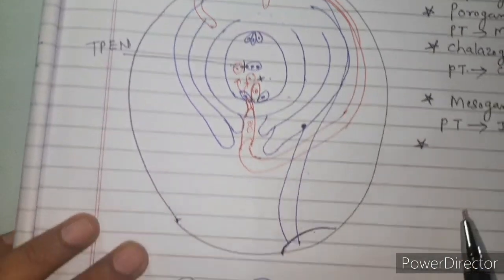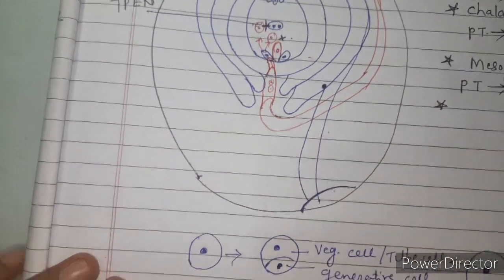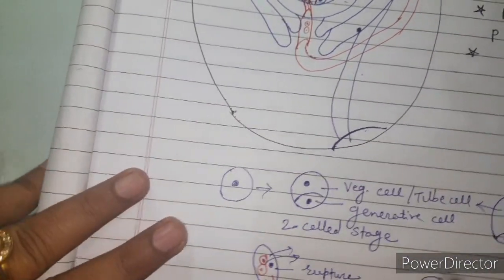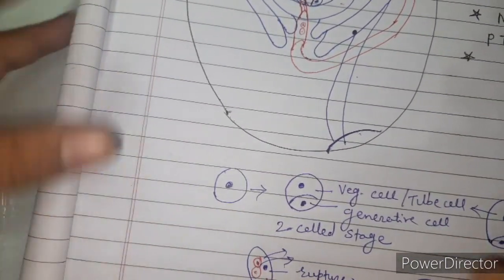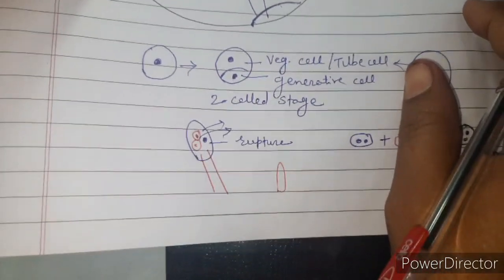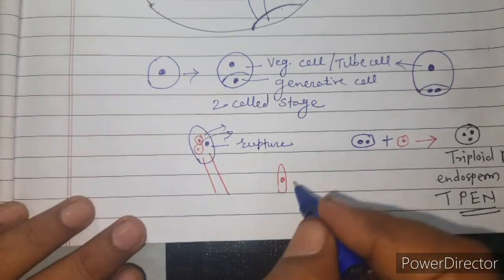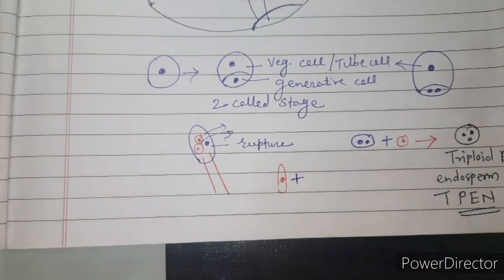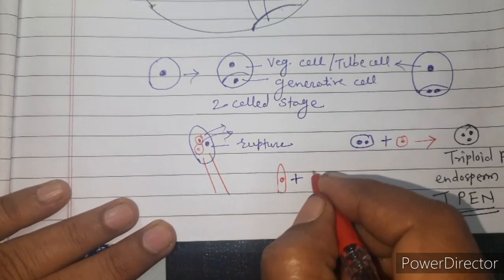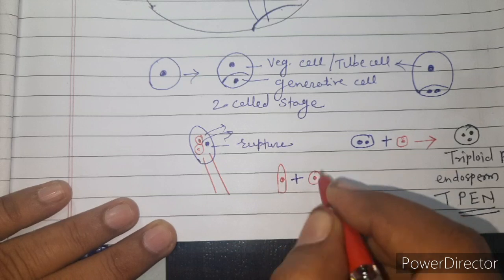The egg nucleus fuses with the nucleus of the male gamete.